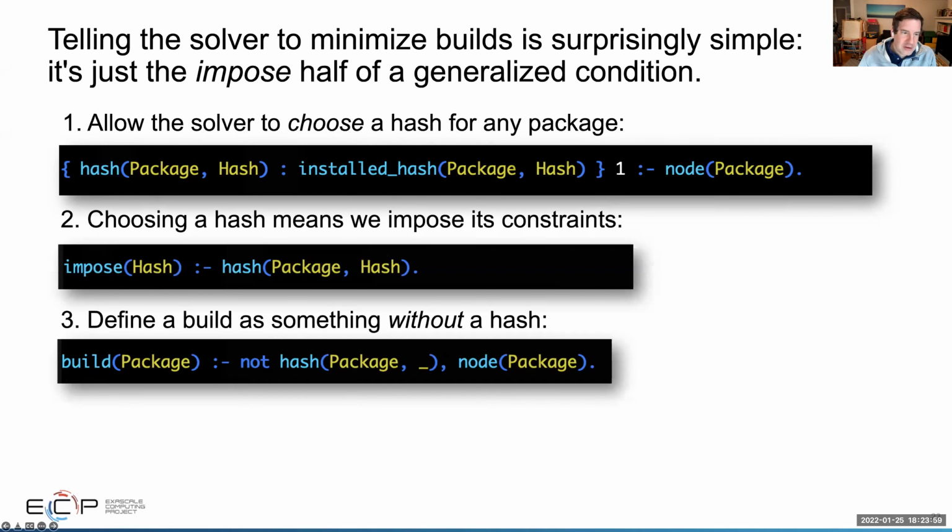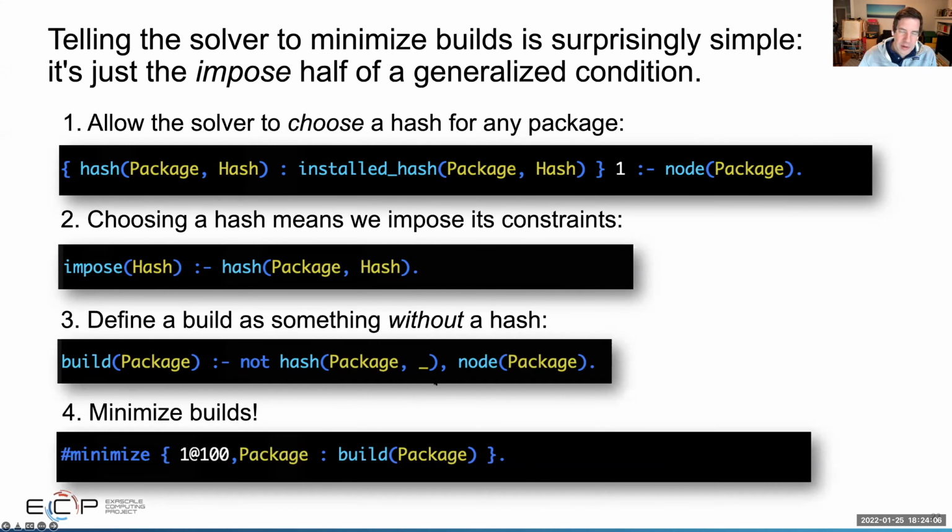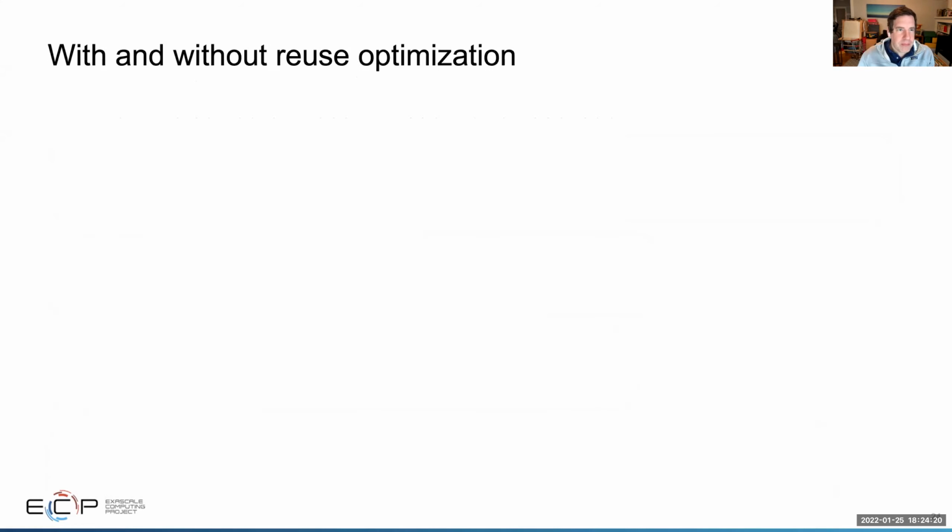And we define built packages as ones that don't have a hash assigned, and then minimize builds. And so that's kind of it. That's the core of what we have to do to reuse installed packages. And so I thought that was pretty cool that it only took not as much code as I thought.